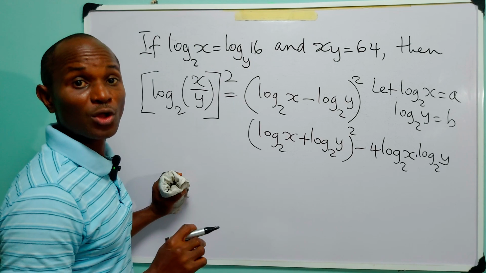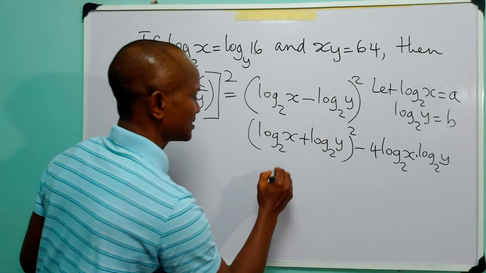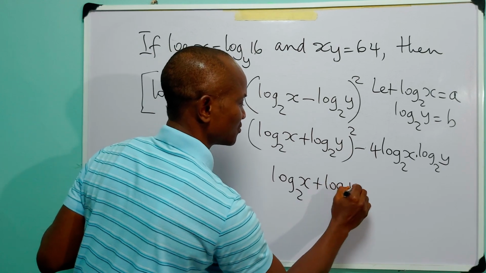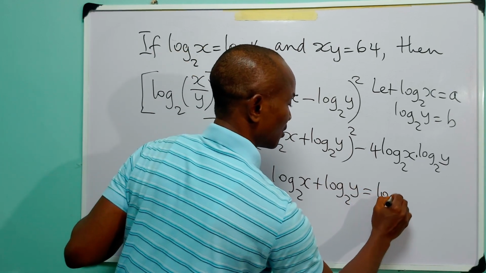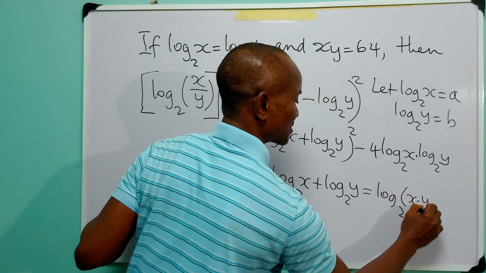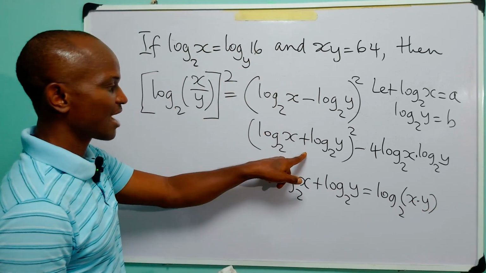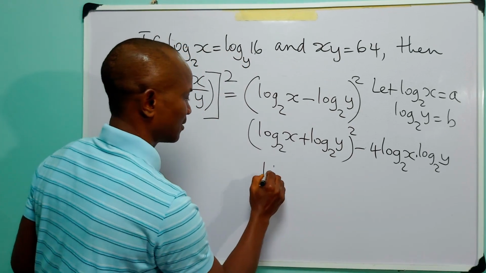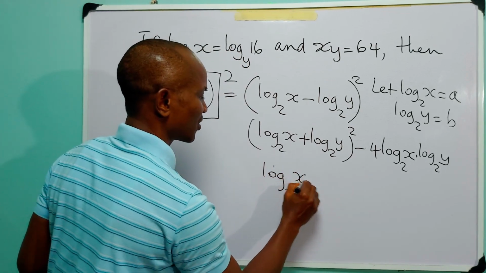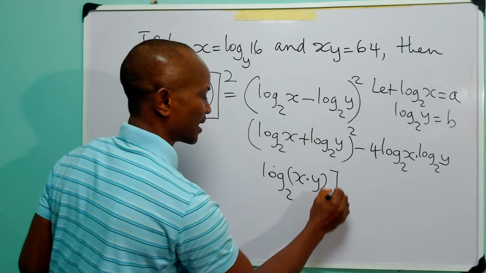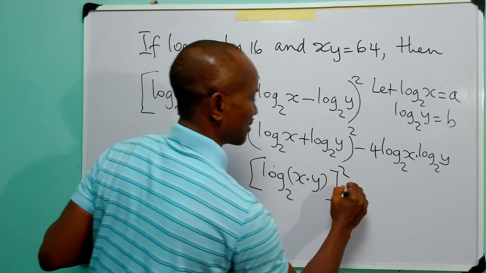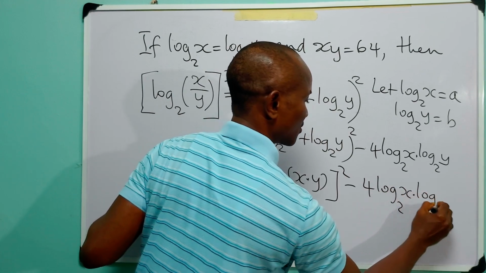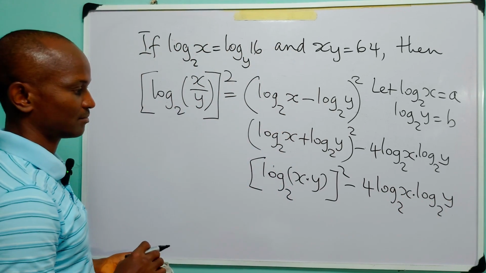But then let us also recall the law of logarithm that says that log to base 2 of x plus log to base 2 of y is simply equal to log to base 2 of x multiplied by y. So we can replace this with that. And this is what we have: log to base 2 of (x multiplied by y), squared, minus 4 times log to base 2 of x multiplied by log to base 2 of y.